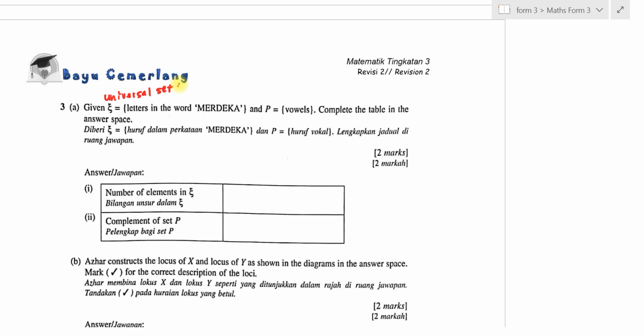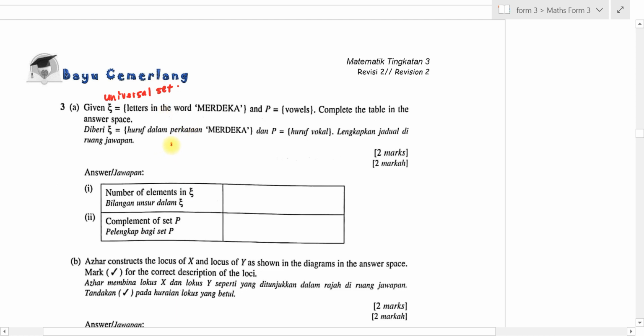Sorry, how many elements? Merdeka, how many? 7. Okay, let us see. Find the number of elements in the universal set.